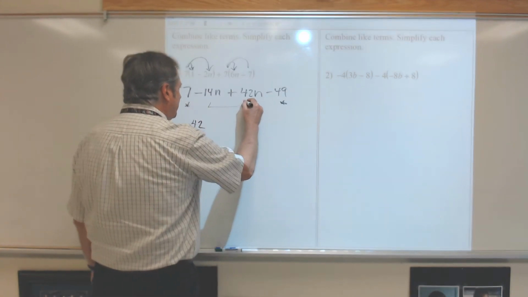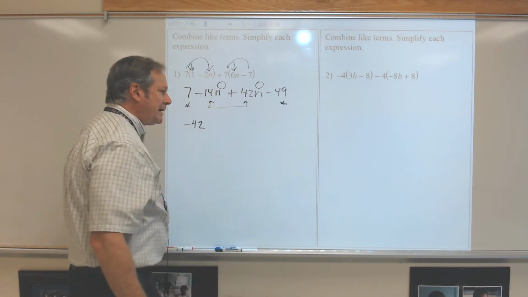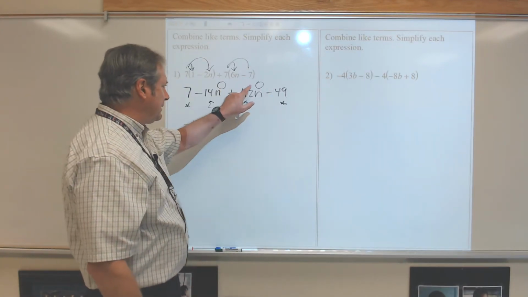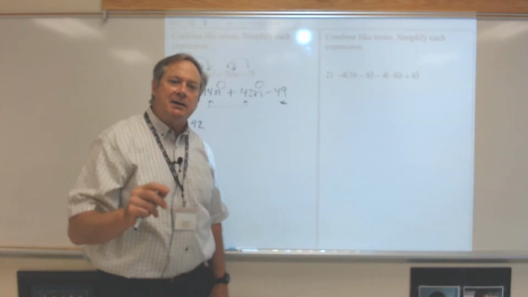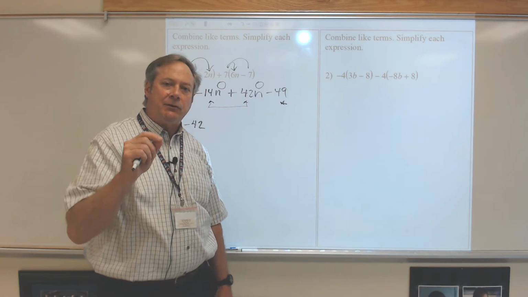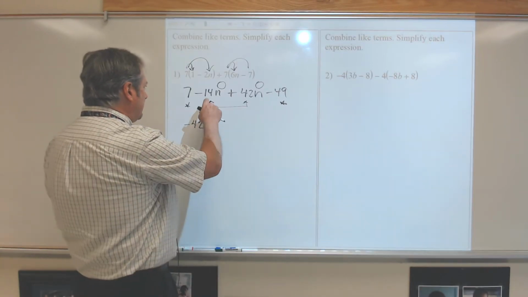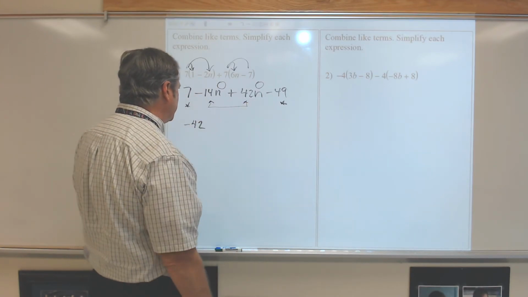Now, these two terms are like because they have the same exponent of number 1. Remember, if you don't see it, it's understood to be the number 1. And that's how you can tell if they're like terms. Do they have the same exponents? So these two do. So a negative 14 combined with a positive 42.